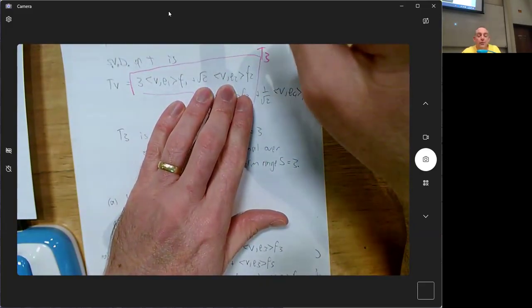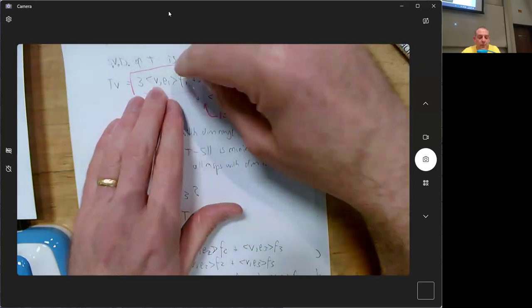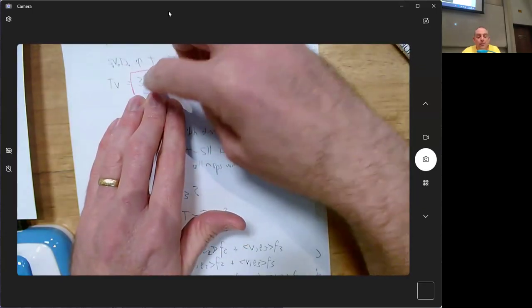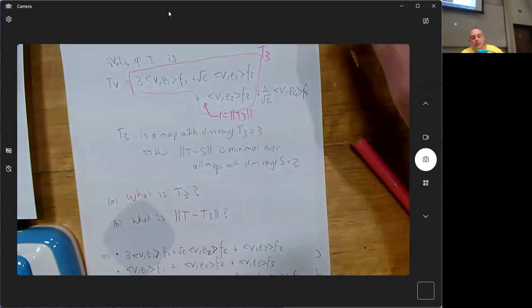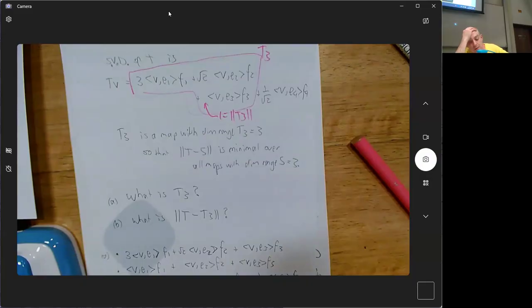And the closest one to T with dimension 1 is this one, which has length 3. So wait, isn't the length of T 3? Is it the biggest, or is it the smallest? No, it's the biggest.